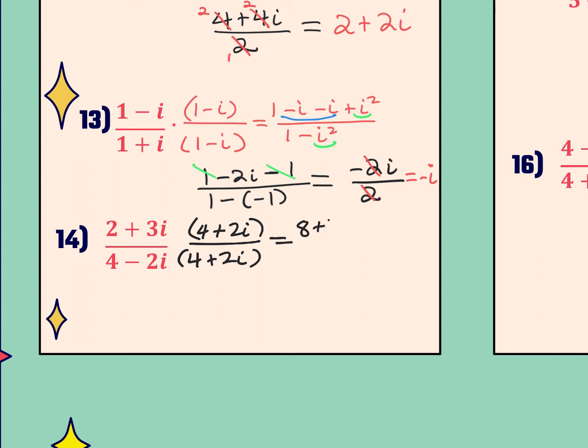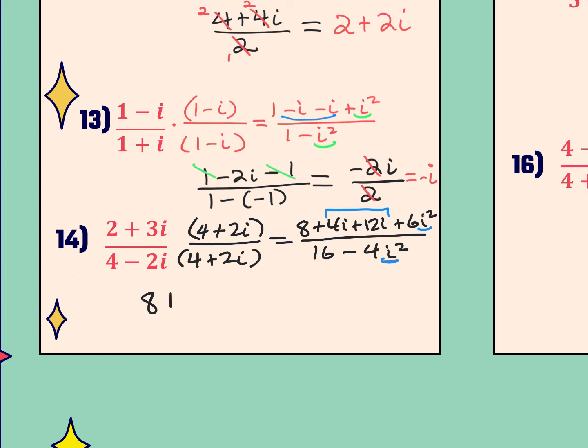Outside gives you 4i. Inside gives you 12i. And last gives you 6i squared. Denominator, I'm just going to do first and last. And now I'm going to combine these two, and I'm replacing the i squareds with -1.